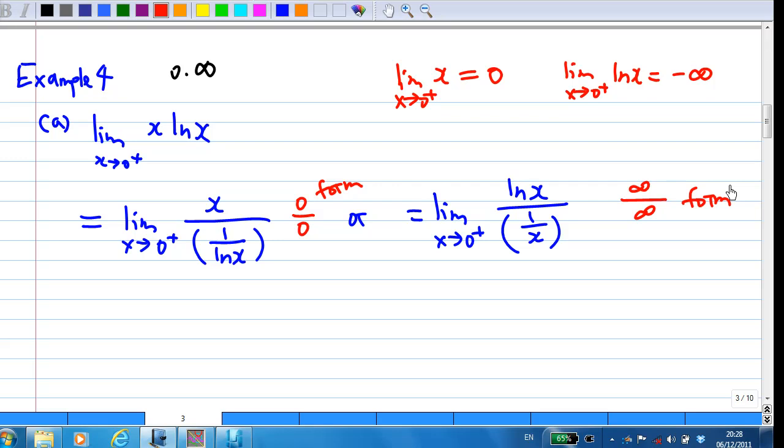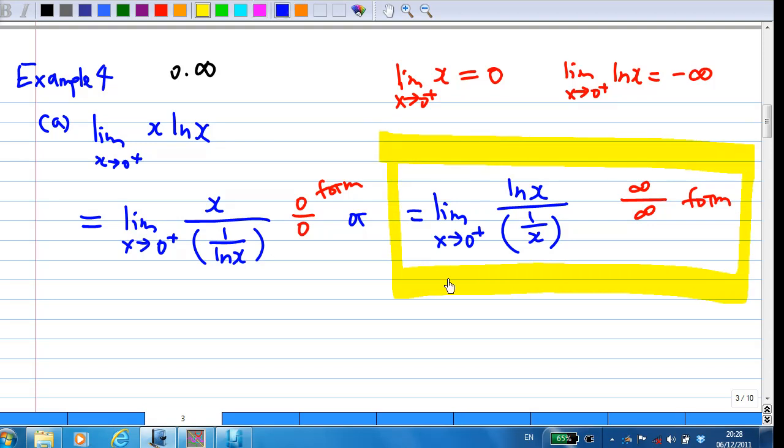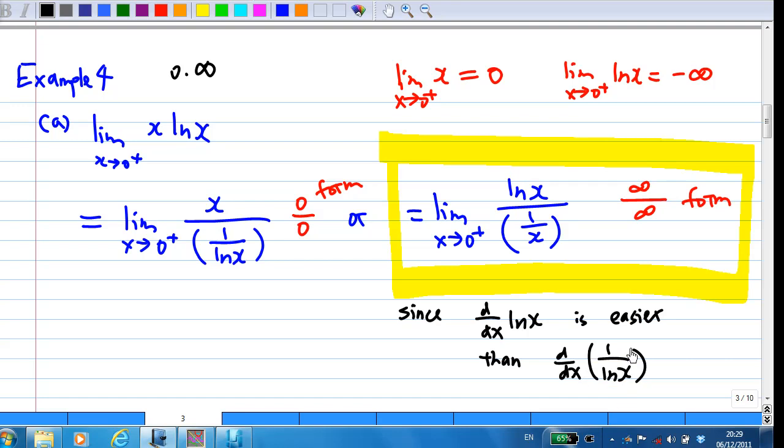However, as you look at the forms, you know that the second form is much easier to differentiate, since differentiation of ln x is easier than differentiation of 1 over ln x. Therefore, we're going to take the second case.